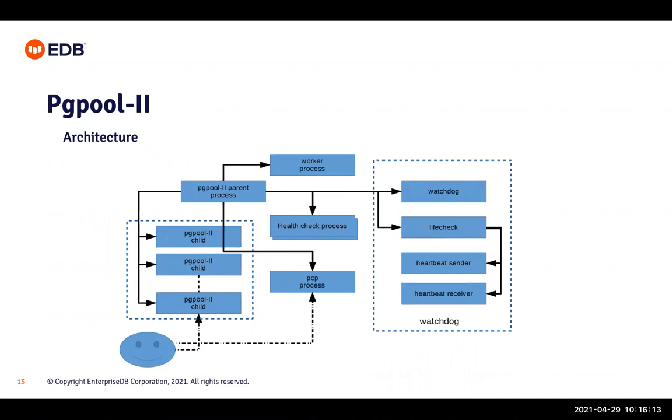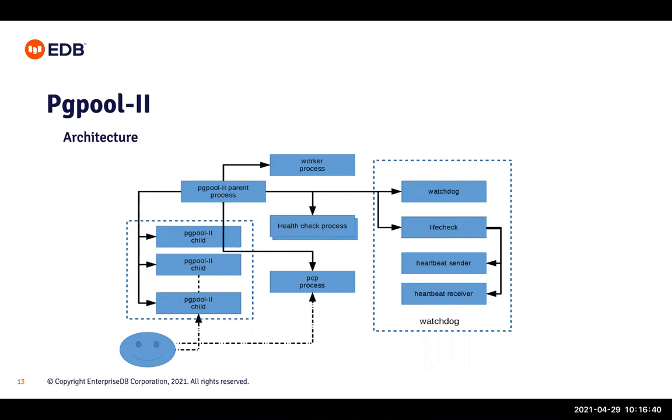So here is the architecture diagram that I have taken from the pgpool documentation. You can see that there is a main parent process that is responsible for forking child processes. And those child processes accept connections. There is a PCP process that is used for administrative and management tasks.